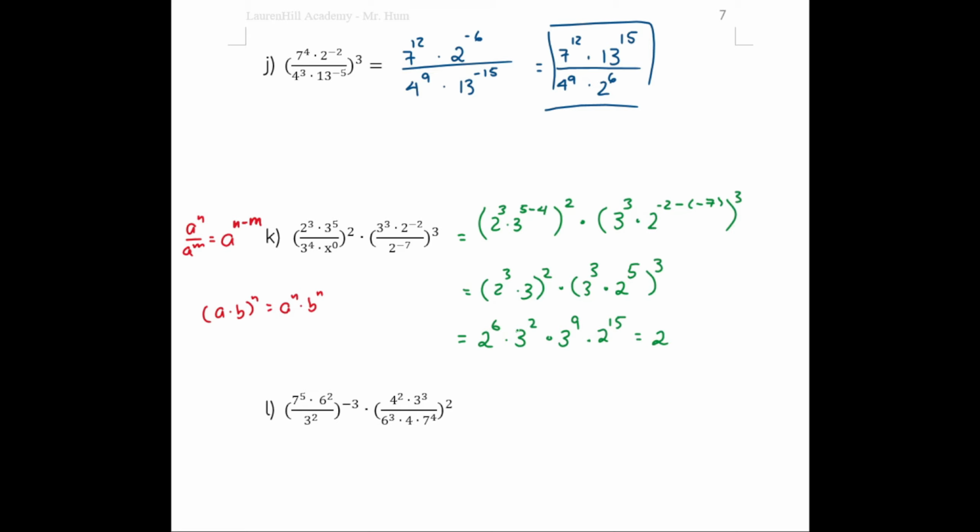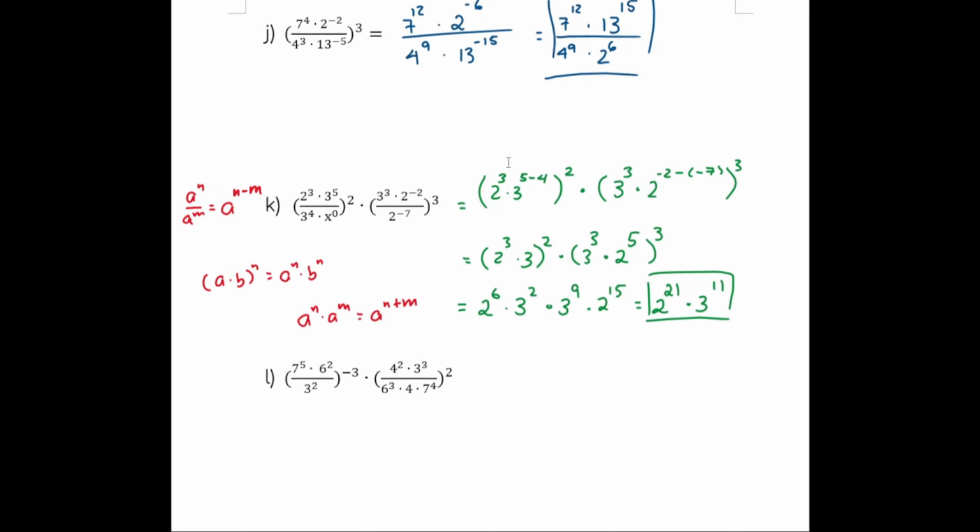We add 6 and 15, that's going to be 21. And here we've got 3 to the power of 2 plus 9, which is 11. So 2 to the 21 times 3 to the 11. And maybe just so you guys can understand, I'll write this here: a to the n times a to the m is equal to a to the n plus m. That's the rule, the law, that I used.